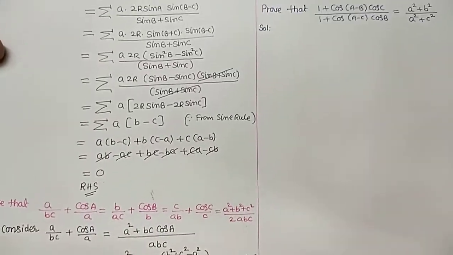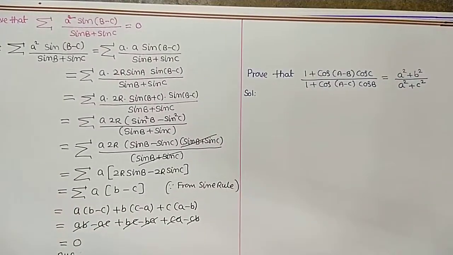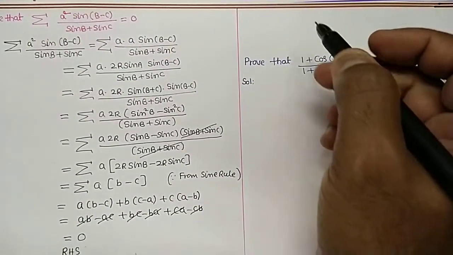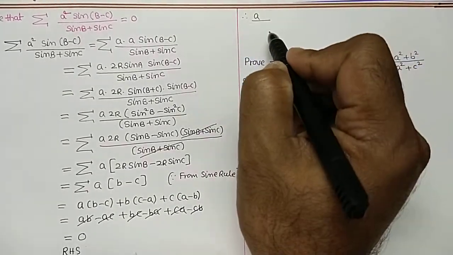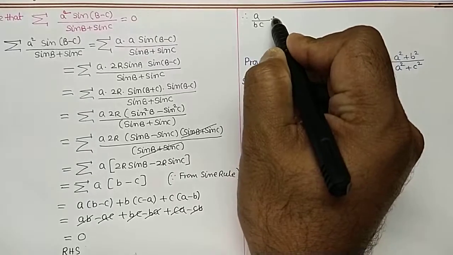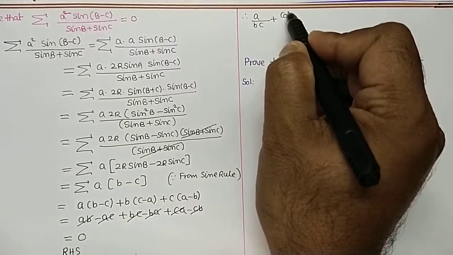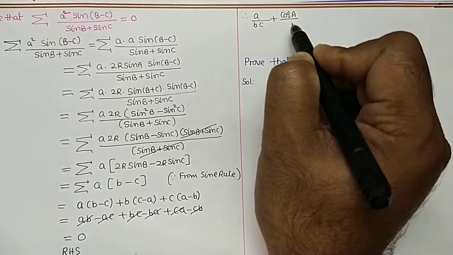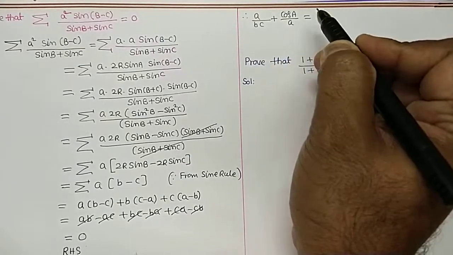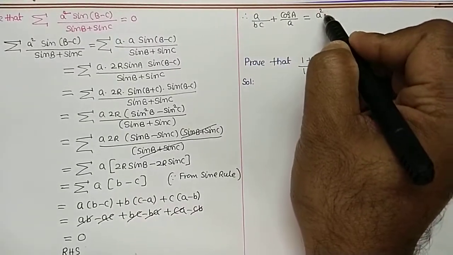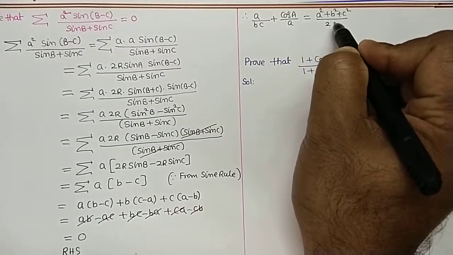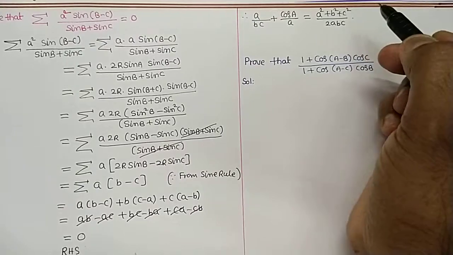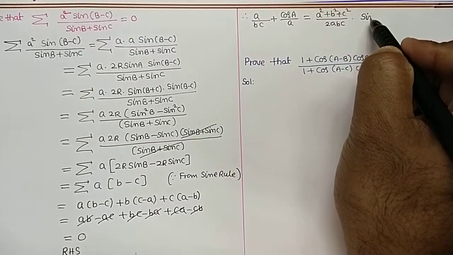Therefore, a divided by bc plus cos A divided by a is equal to a square plus b square plus c square divided by 2abc. Similarly, we can prove that.